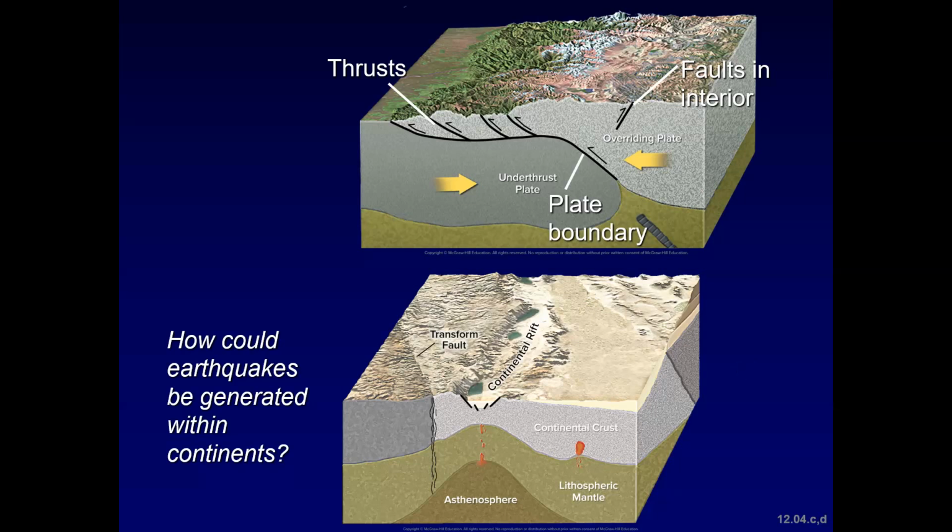Within continents, how could those earthquakes be generated? Well, you could have continental rifting causing shallow, moderate sized earthquakes along normal faults. Or you could have renewed motion on pre-existing faults to produce large earthquakes, such as those in Missouri, the New Madrid area, major earthquakes from 1811 to 1812.